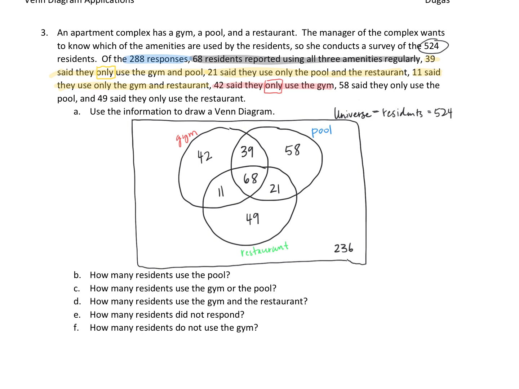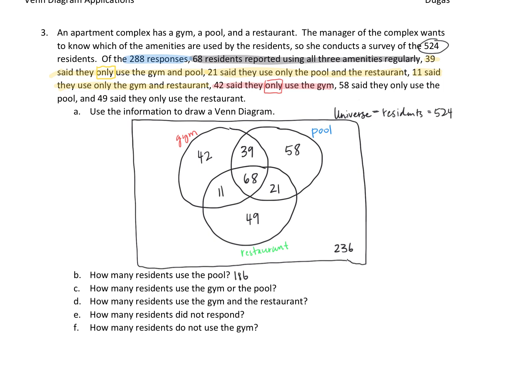How many, let's say, respondents use the gym or the pool? So the gym or the pool. So that would be everything that's in this gym circle, because it's or, right? Or is a union. Or anything in the pool circle.